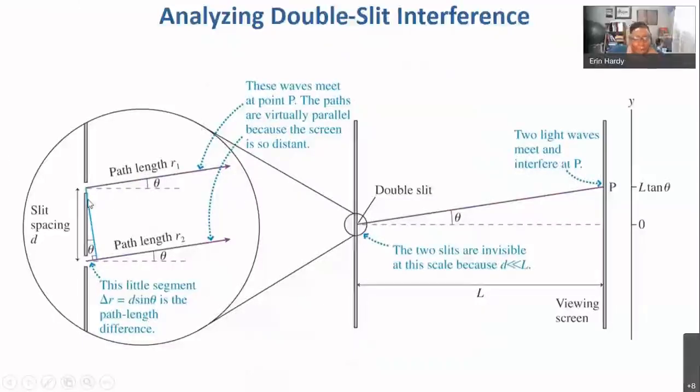So if we take a close look at what has to be happening here on the slit side of this experiment, as opposed to the screen side, which is what we were focusing on in the last part. If you have some slit spacing lowercase d, and I should note for a double slit, the width of either individual slit is a lot less important than the spacing between the two slits.